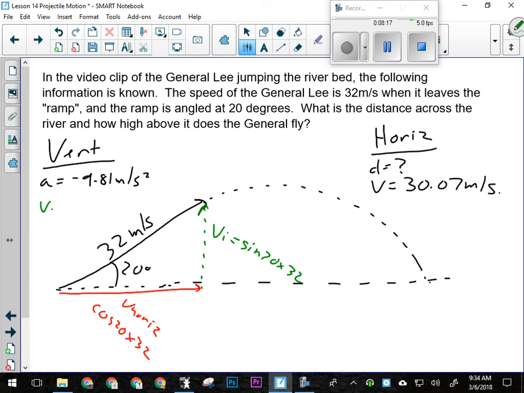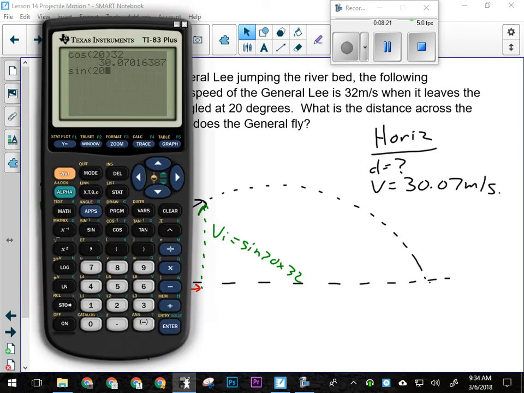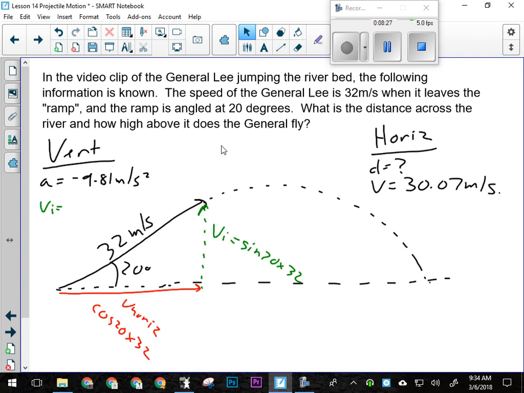So that's going to mean our initial velocity is 10.94 meters per second up. So we'll say positive.